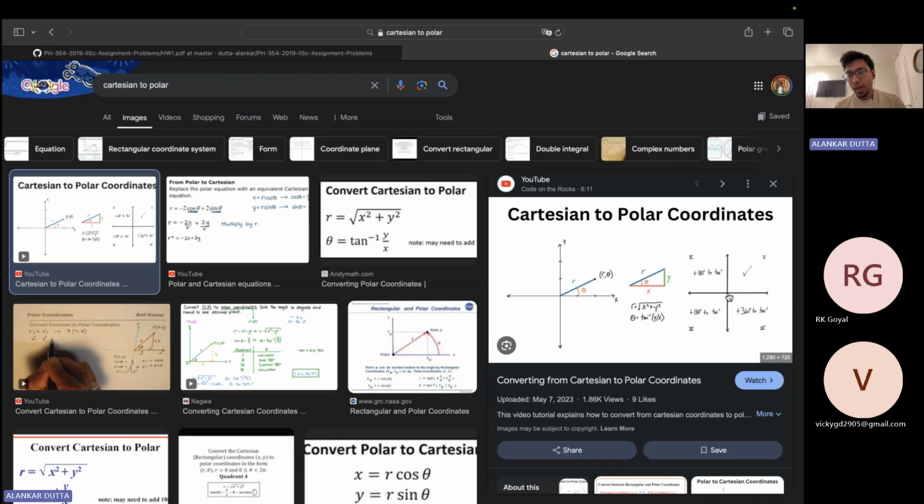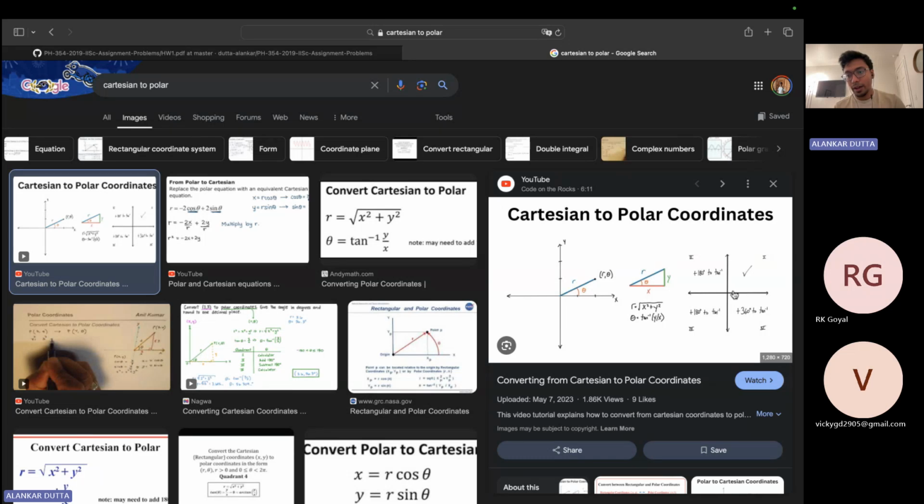If your theta is positive, it can be in either the first quadrant or the third quadrant, because we know that tan is positive in both. So if you just give y by x, it gives you a value in the first quadrant, but then you have to also look at the signs of your x and y.